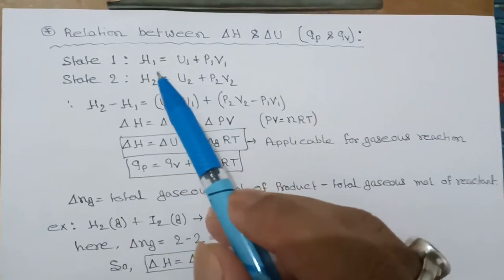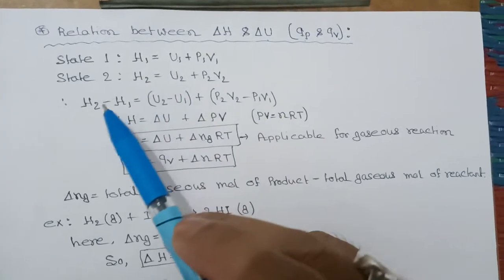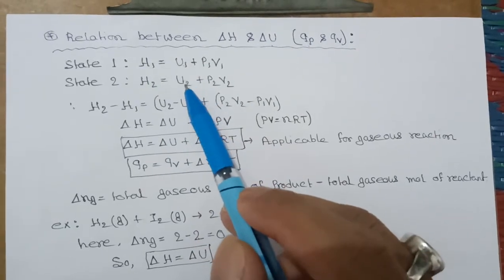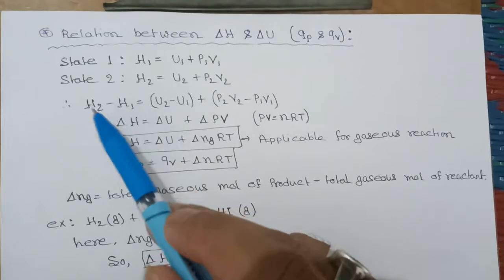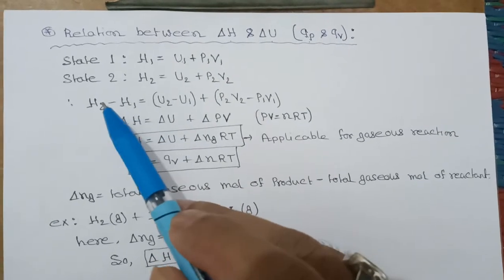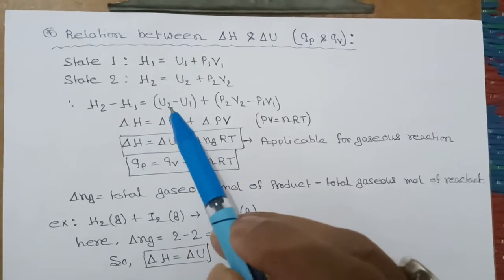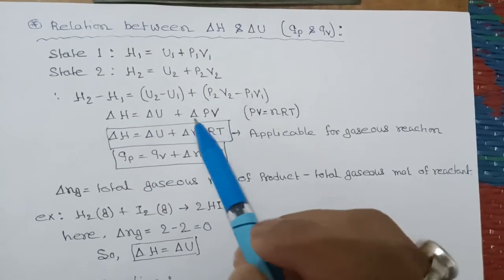So, when we subtract the initial state from the final state, we can write H2 minus H1 is equal to U2 minus U1 plus P2V2 minus P1V1. When final minus initial, it means change in enthalpy. Here, U2 minus U1 means del U, and here will be del PV.